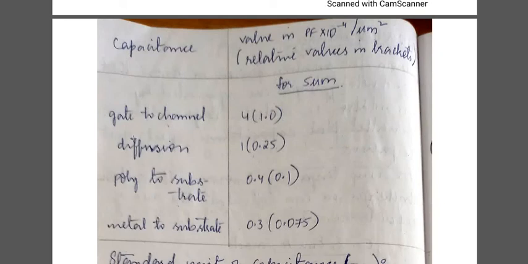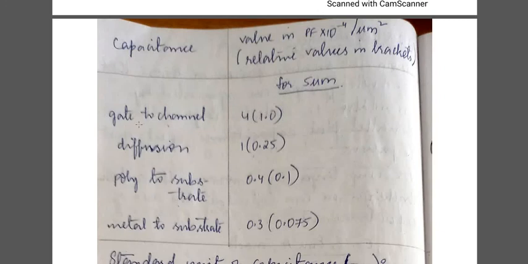We have to see the capacitance for every layer. So gate to channel, one layer will be there. Then diffusion, polysilicon to substrate and metal to substrate. Polysilicon we will be using for the gate. Then metal for the interconnections: how much capacitance should be there, means how much charging and discharging, that is all important.